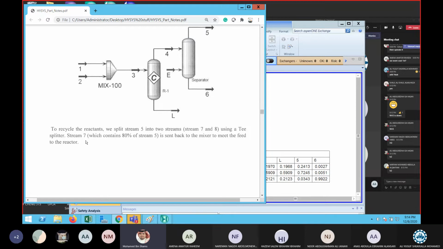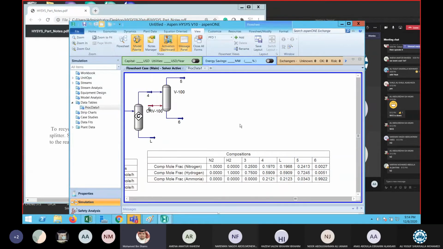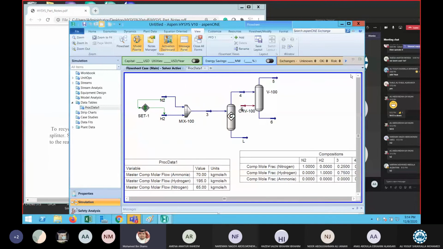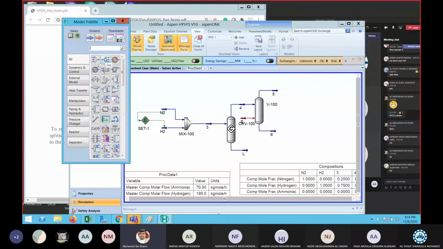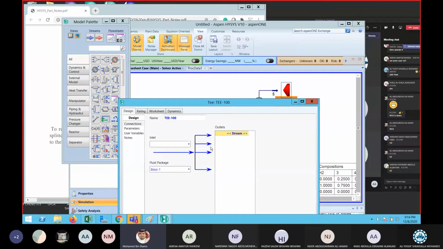Stream 7, which contains 80% of stream 5, is sent back to the mixer to meet the feed to the reactor. That means I need to place a splitter. Where is the palette? Okay, so this is the T, the opposite of the mixer. For the splitter, the inlet is stream number 5 and the outlet has 2 branches, 7 and 8. See, as soon as I write 7 it creates it, and then I have 8.